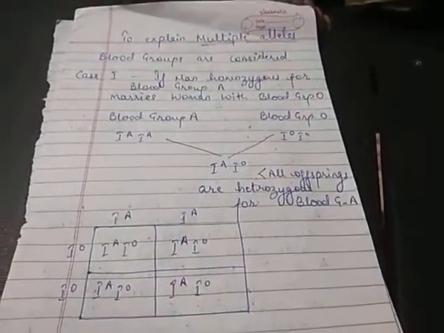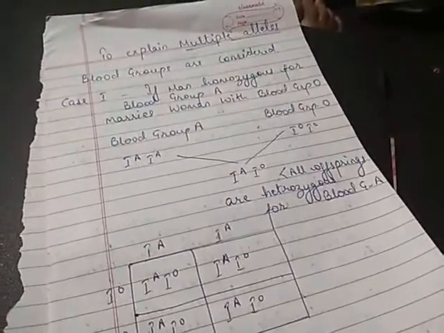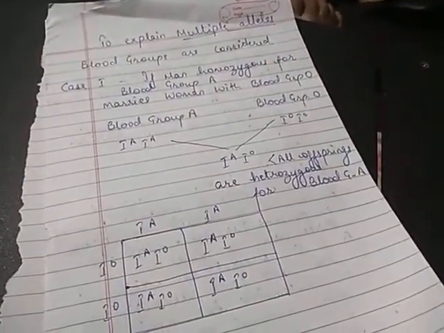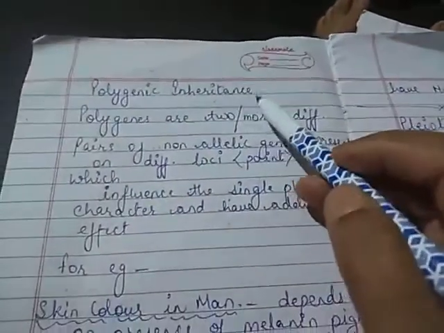I hope you understood. So now we are moving ahead to the next topic. This is how you take out the multiple alleles for the blood groups. Now moving on to the next topic, we have polygenic inheritance.